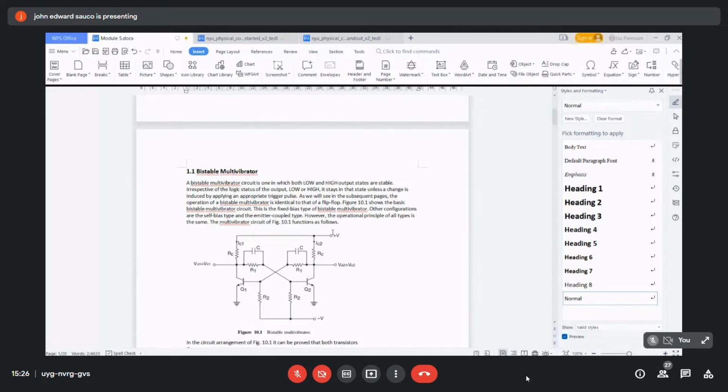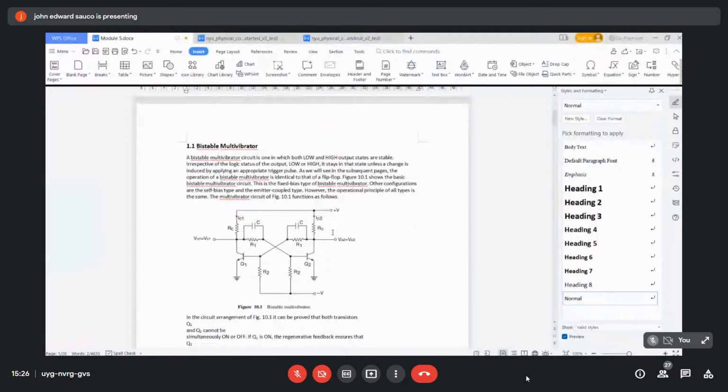So, sa bistable, a bistable multivibrator circuit is one in which both low and high output state are stable. So, low and high stable tayo doon. So, irrespective of the logic status of the output, low or high, it stays in the state unless a change is induced by applying an appropriate trigger pulse.